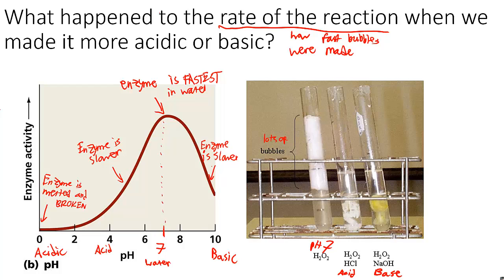And right here you can see only a few bubbles. So that's what happened to the enzyme. When we changed the pH, the enzyme didn't work as well, and it got slower. So we only got a few little bubbles. But when we put it at pH of 7 in water, the enzyme worked really well.